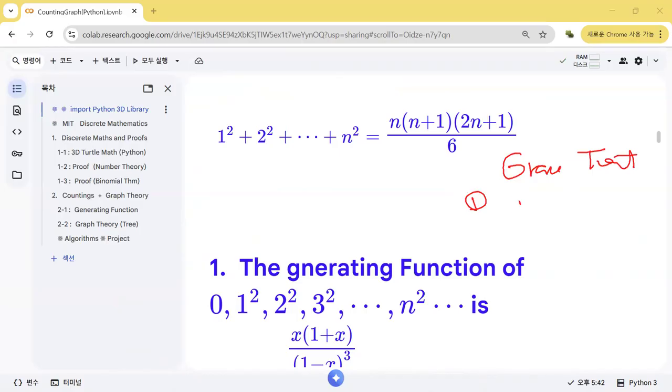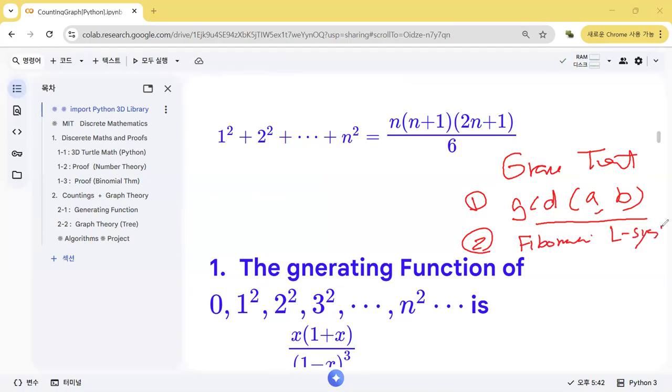First one is to find the greatest common divisor of A and B. Okay, write down computer code and explain the mathematical explanation of how to find the greatest common divisor of the given integers A and B. Okay, the second problem is Fibonacci using a Lindenmayer system.